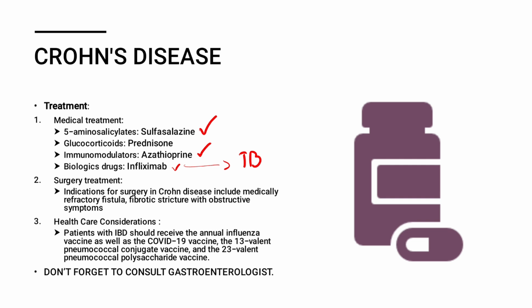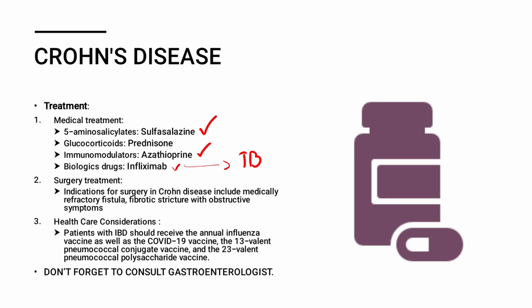If the medical treatment fails, or if the patient agrees to surgery, sometimes we do surgery to remove the specific part of the bowel which is affected. In Crohn's, sometimes the patient needs to have the whole bowel removed, which is a complicated situation.